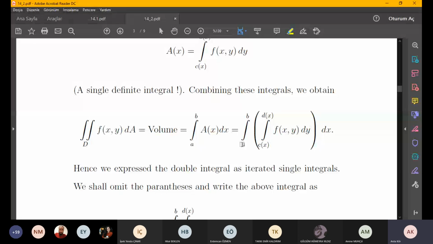So this is the volume that we express at first.